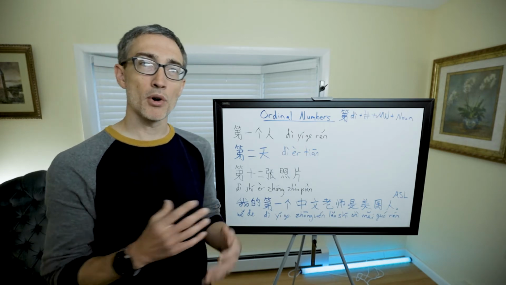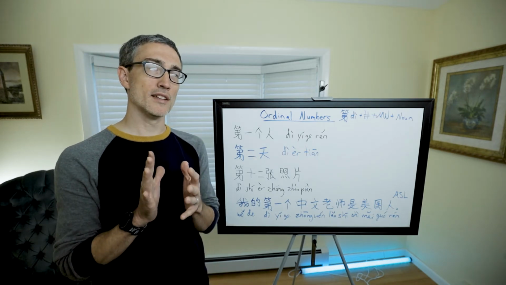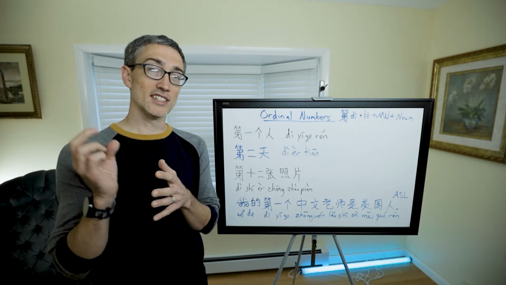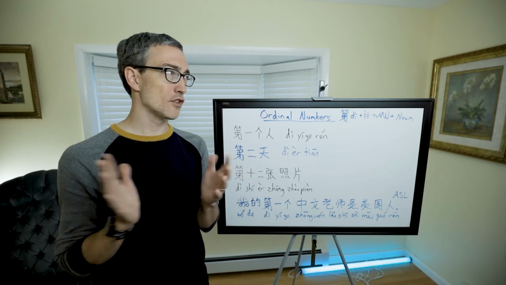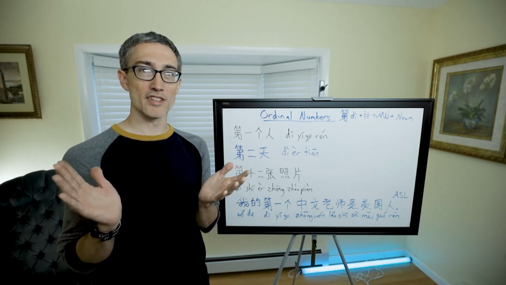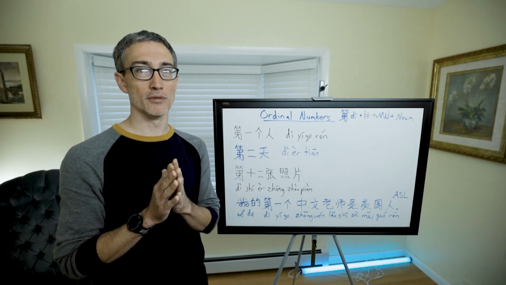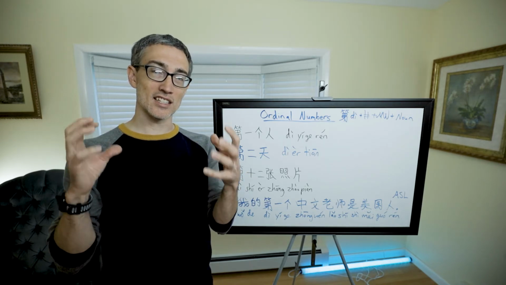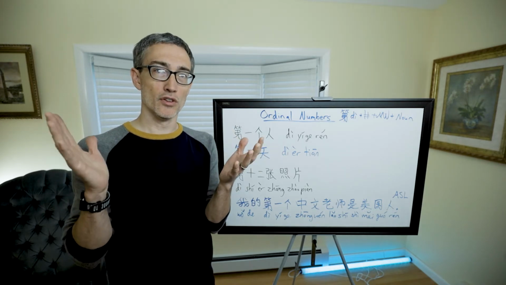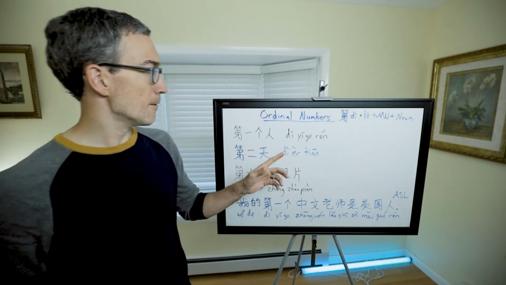And then also I want to point out that sometimes in titles, the di is dropped. If you have like 一路, the first road, we might say 第一路, like it's the title of a road, the first road.